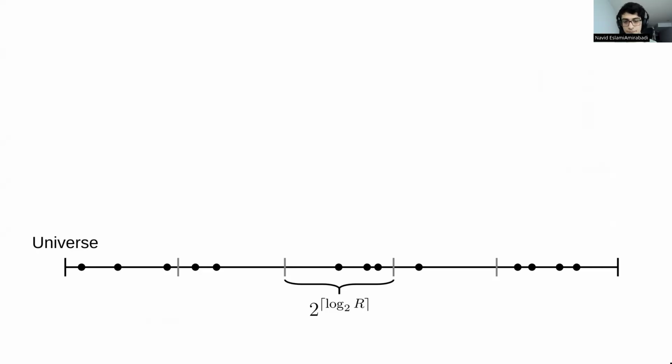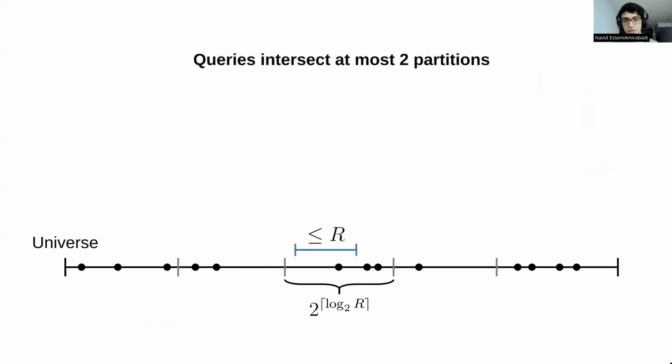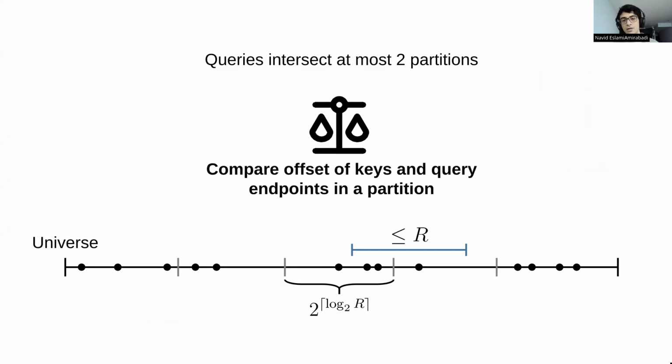maximum range query length. Now, if you do this, you can observe that queries will intersect at most 2 partitions at a time. This is because either a query is fully enclosed in a partition, or it crosses the boundary of 2 consecutive partitions. Okay. This allows you to localize the query, in a sense, to the partitions that contain it.